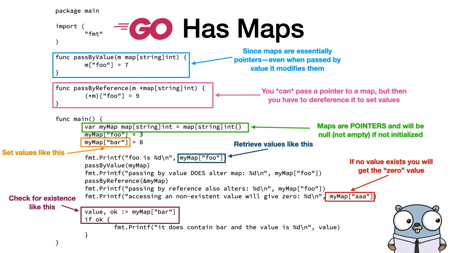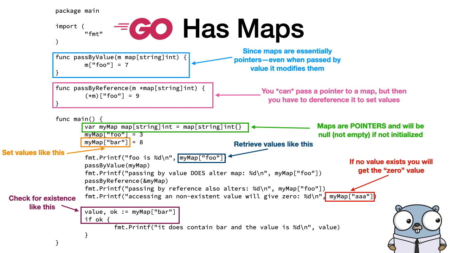Otherwise, if you didn't find a value, put false in OK. And then you can say if OK. This allows you to check whether or not the value was really there. This is another common paradigm. If something may or may not return a value, you oftentimes return the bare value in the first parameter, and then you return a Boolean in the second one, saying whether or not you actually found one.